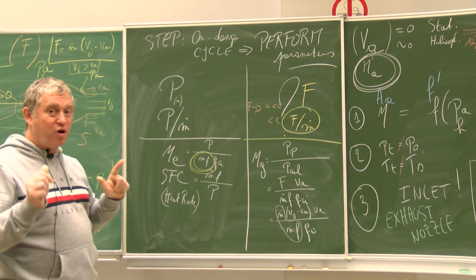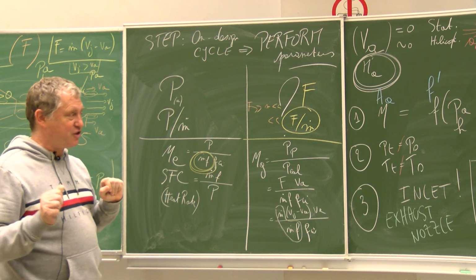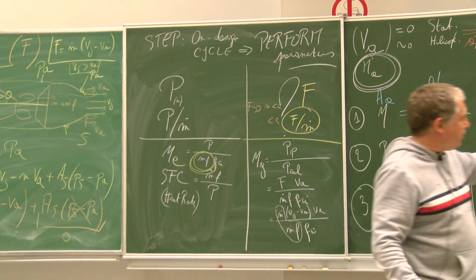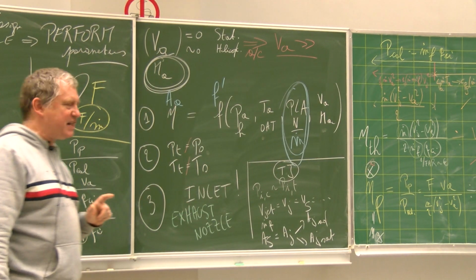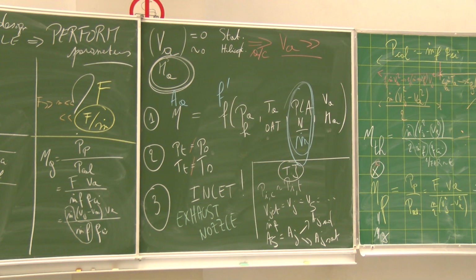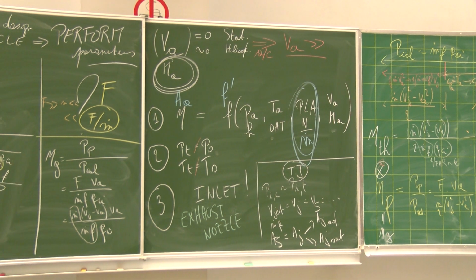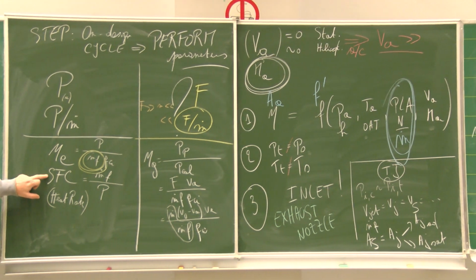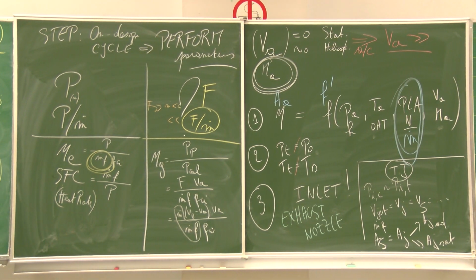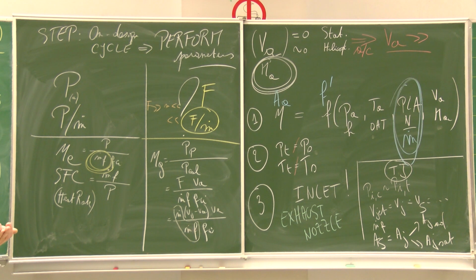this one is more complicated than in the gas turbine engines because it's related to the product of two different efficiencies, eta TH and eta P, leading to this eta global. You see that, in fact, we could also introduce a parameter like the SFC that we have here.